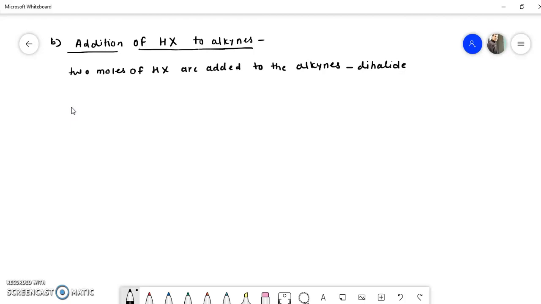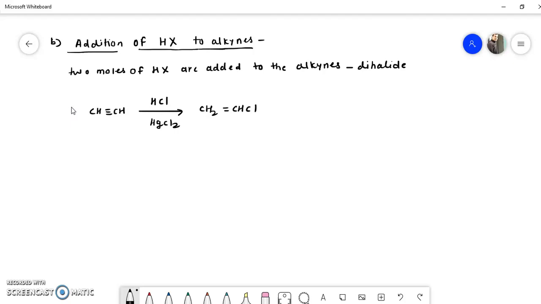So I will write the first reaction. Suppose I have taken acetylene as a starting material. So in presence of HCl, what happened, there is a formation of CH2 double bond CHCl. Here HgCl2 is used to increase the reactivity of this acetylene.